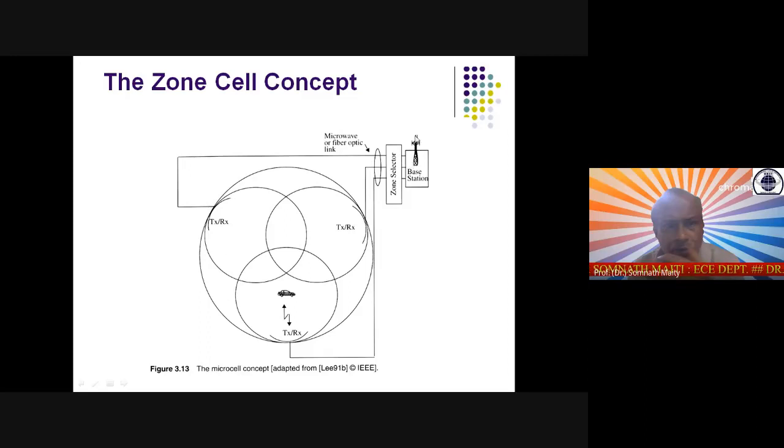So you need not require 3 antennas. A single antenna is sufficient, and depending upon the service request, it will be sent to the single base station. So the single base station will control which microcell will be activated.